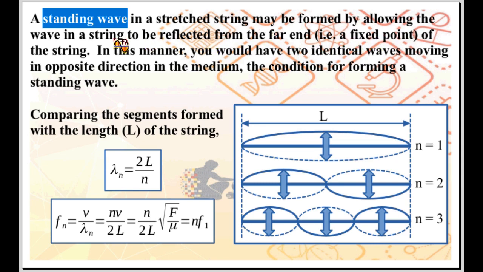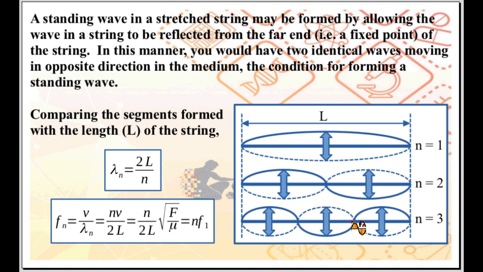When the wave traveling down the string reaches that fixed point, the wave will bounce back, resulting in two identical waves that are moving in opposite direction in the same medium, which is the condition for forming a standing wave. So a standing wave is easily formed in our stretched string.